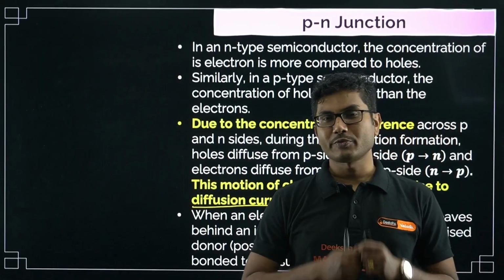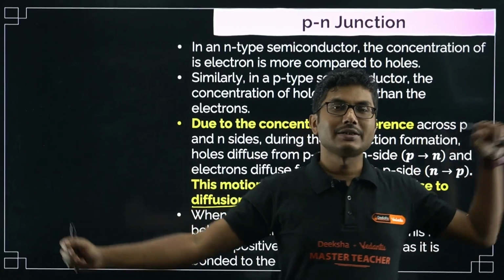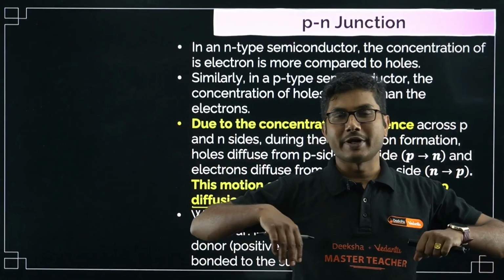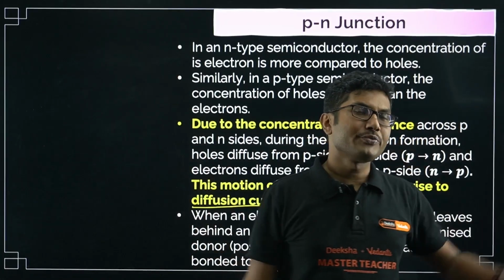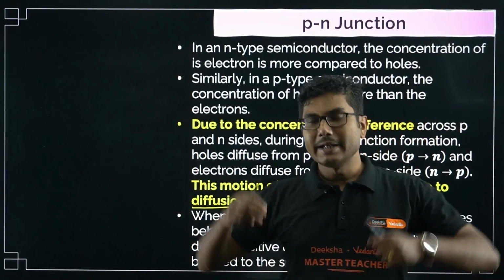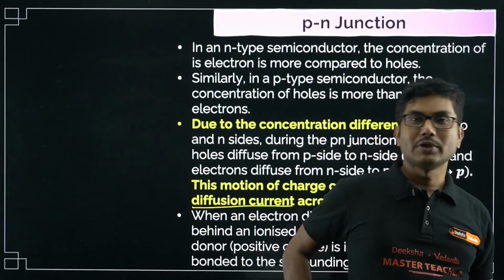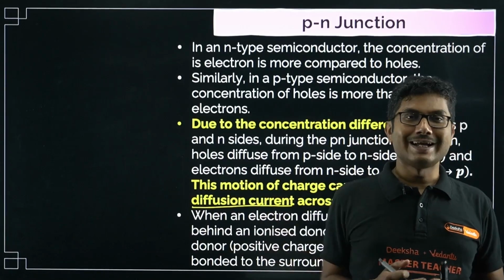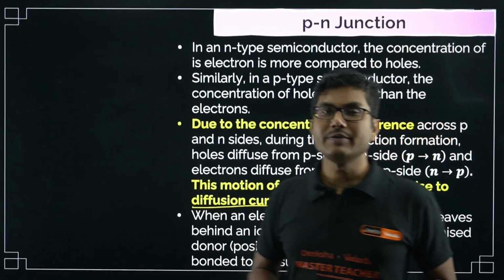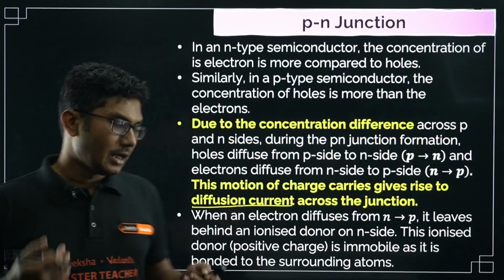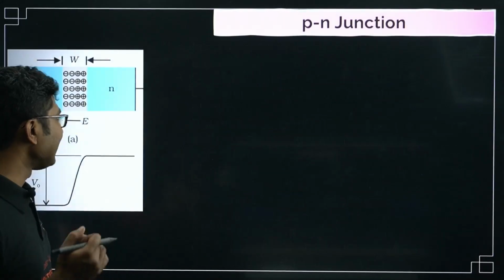But the phosphorus is bound to the crystal structure. It came as a foreigner, but then it formed a bond with the silicon and gave away the extra electron that it had. That extra electron has now moved to the P side. That means on the N side there is a positive phosphorus who is hungry for his missing electron.